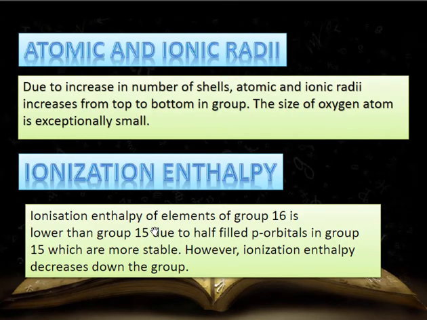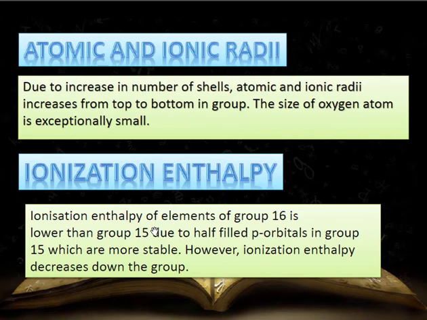Now, ionization enthalpy. As you can see, ionization enthalpy actually deals with stability. Stability, what is it? Let's understand. Stability is just a matter of which compound or which element is stable.